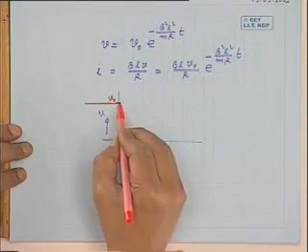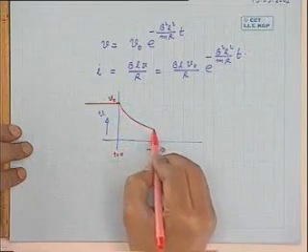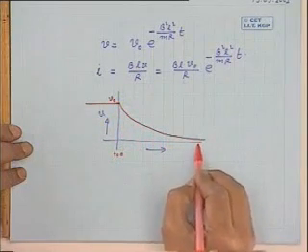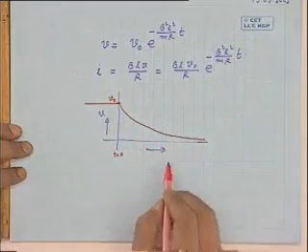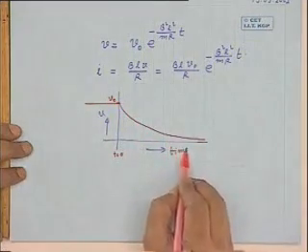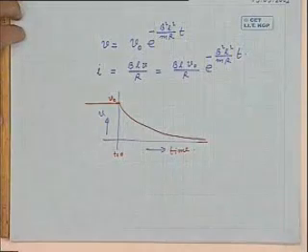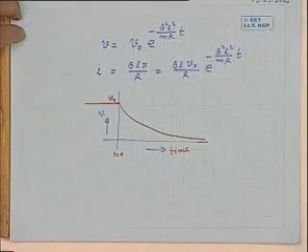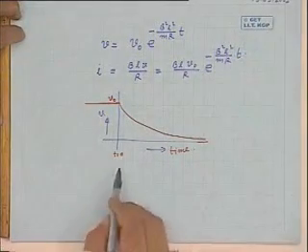This is t equal to 0. After that, velocity starts decreasing exponentially. This is time.